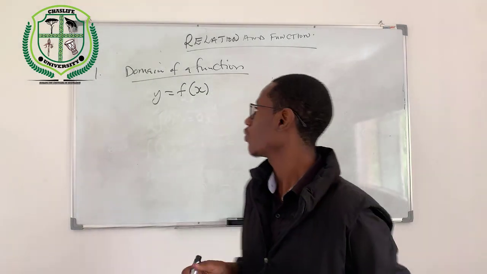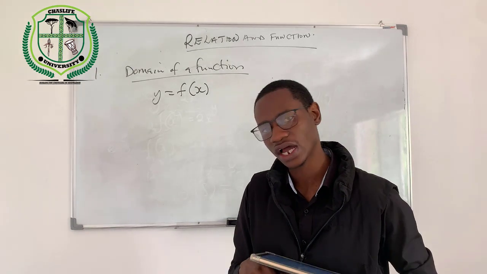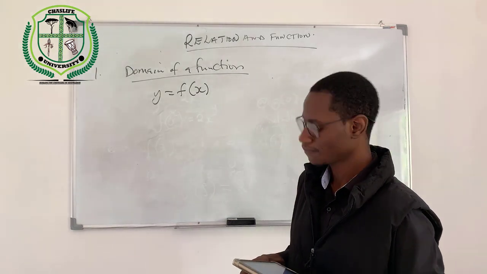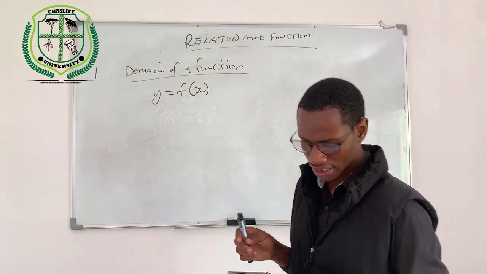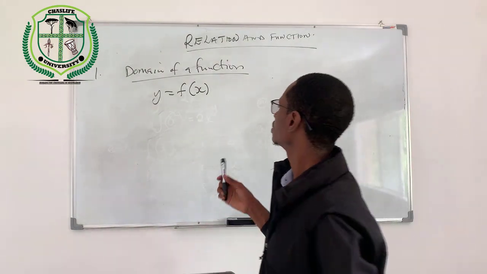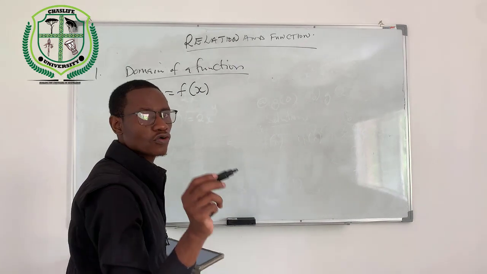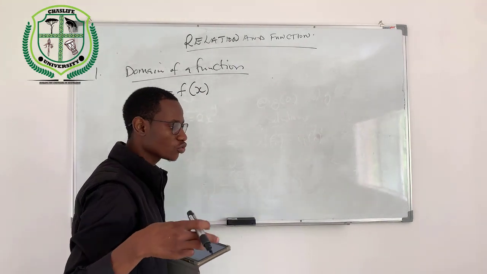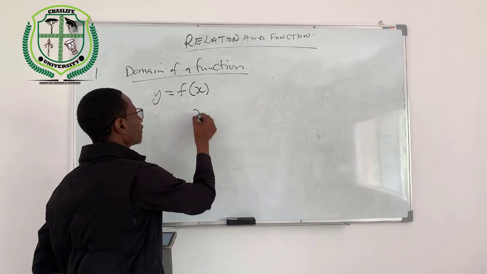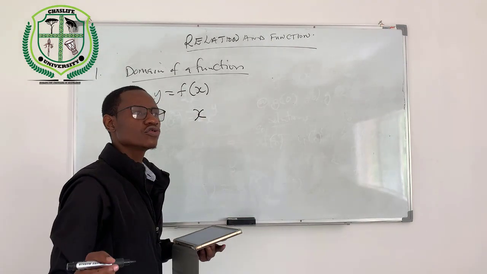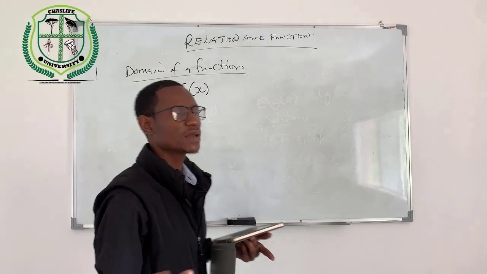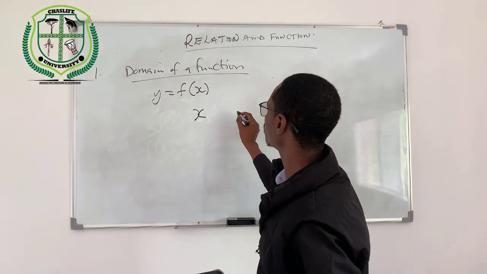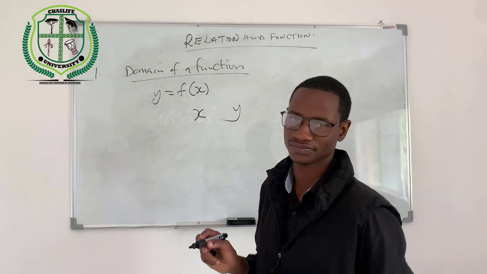So what we are trying to say here, in simple terms, is that the domain is the set of all the numbers in x that, when you put them in or multiply them or add them or work them out, give you answers in y.